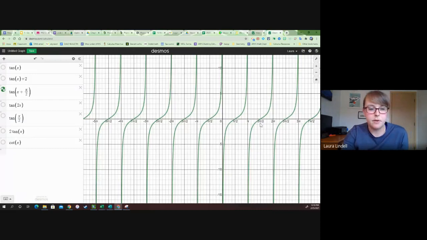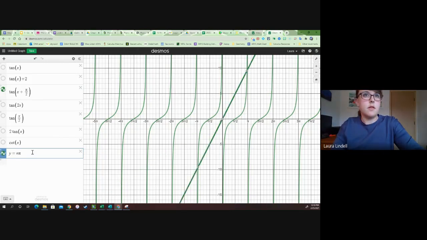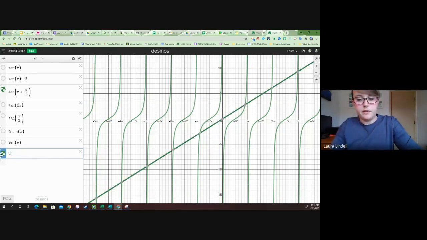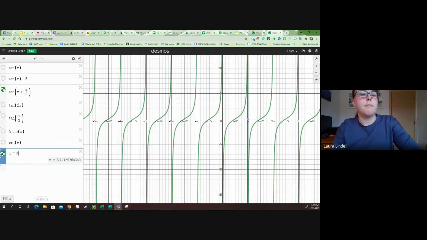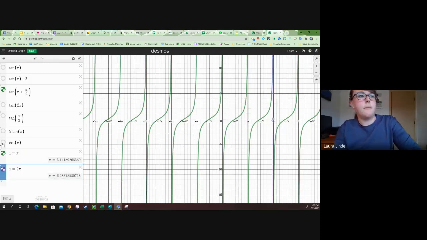Those are all of our asymptotes this time. So instead, our equation of our asymptotes, or sorry, not y equals, x equals, goodness. We'd have x equals pi, 2 pi and 3 pi and 4 pi and so on.